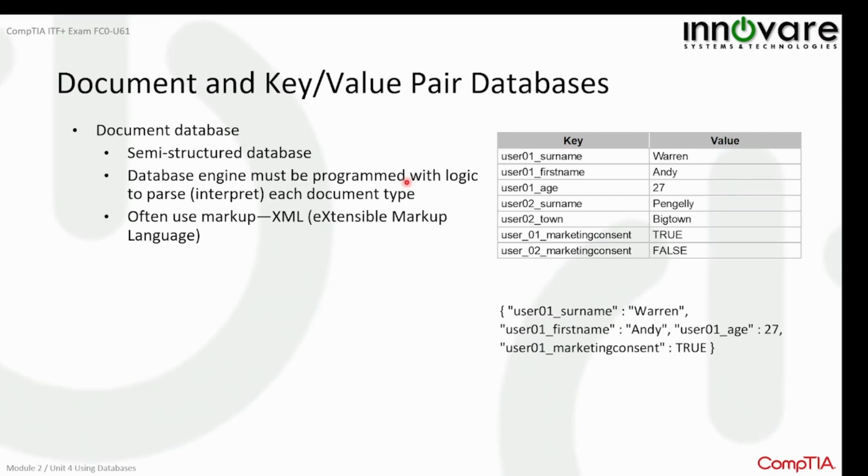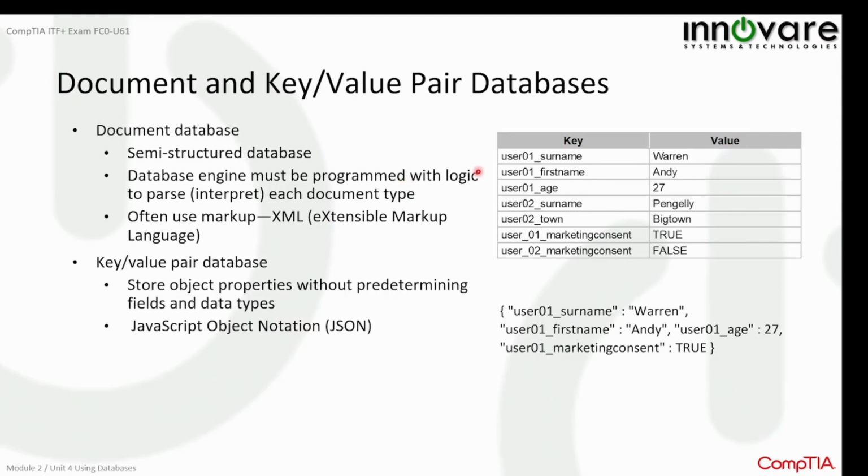So it stores objects without determining which field, which row number, which column number. In this column are the keys, and under the value is the data for these keys. These are usually JavaScript object notation, also called JSON. Now, this is also what they call NoSQL.